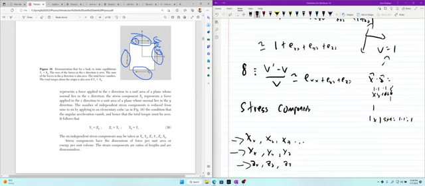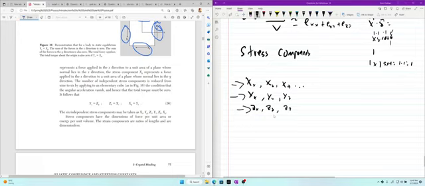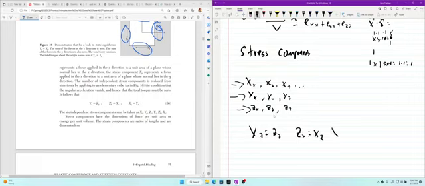Okay, so the number of independent stress components is reduced from 9 to 6 by applying to an elementary cube, as in figure 16, the condition that the angular acceleration must vanish. In other words, torque is 0, so alpha is 0. So we get that yz equals zy, so just flip the two, and then zx equals xz, and then xy equals yx, because we're saying it's not going to be rotating.